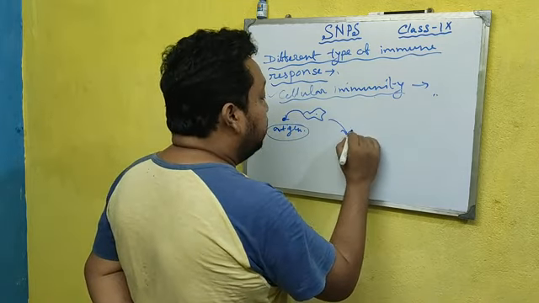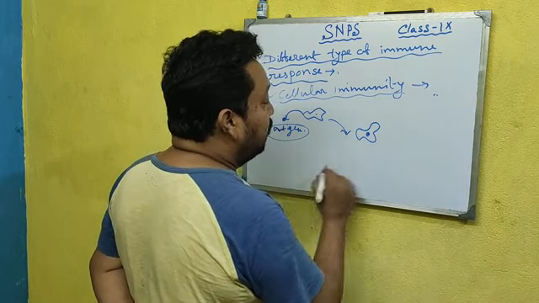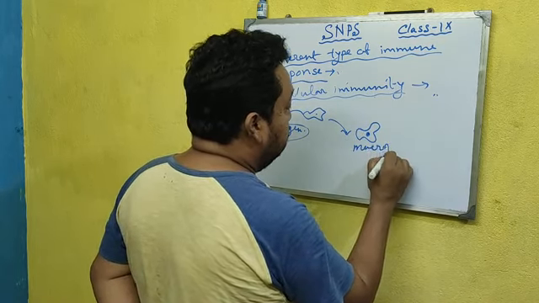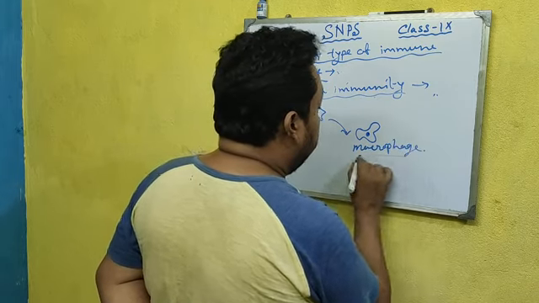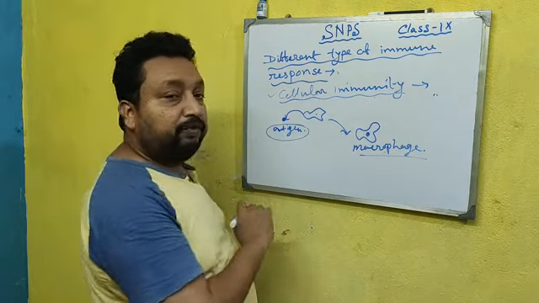Then what is the step? Now the antigen is engulfed by the macrophage. So the first step is the engulfment of the antigen by the macrophage.